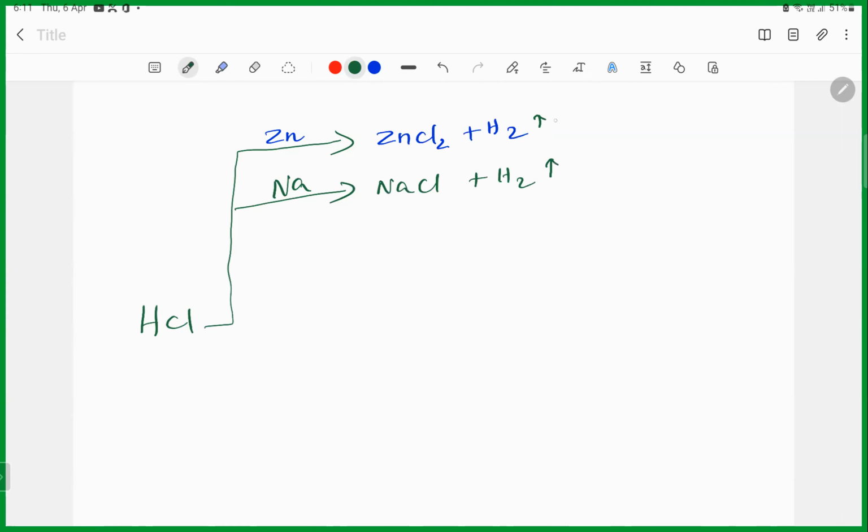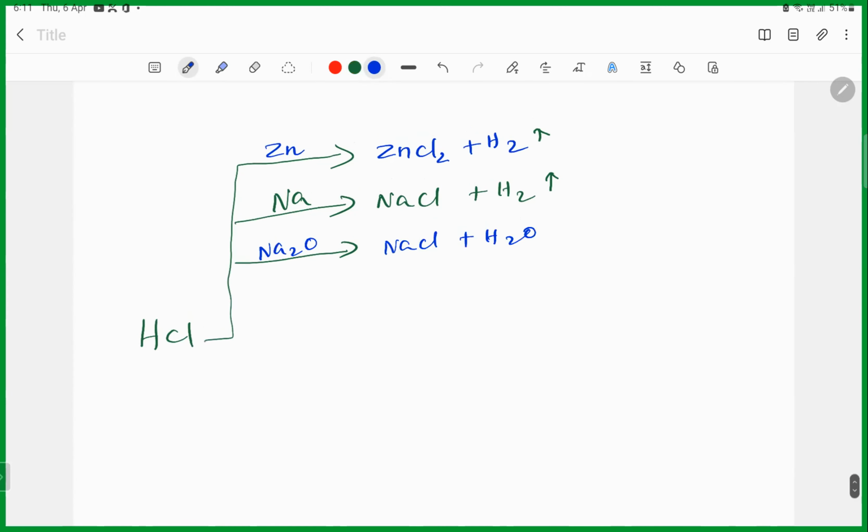For gas, put an arrow mark like this. Next reaction. When it reacts with Na2O, it will give NaCl plus H2O. When it reacts with KOH, KCl plus H2O.